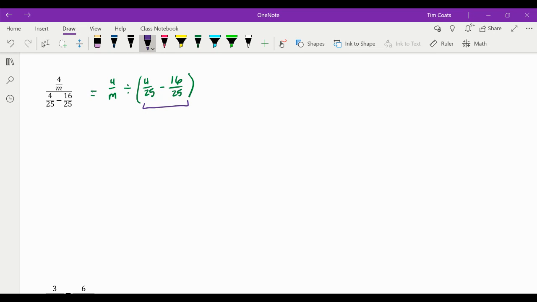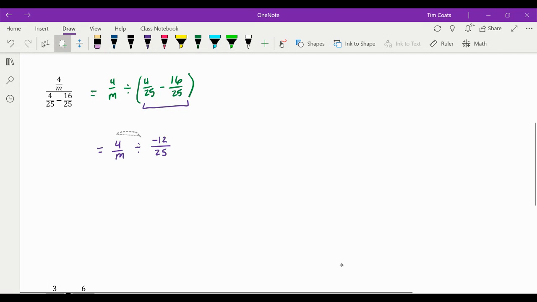If I look at this denominator, you can see that those two are already the same, right? They have a common denominator, 25, meaning I can just do what's in the top. So I can do 4 minus 16, so negative 12 over 25. And we've now dealt with that parentheses, so it's now still divided by 4 over m.